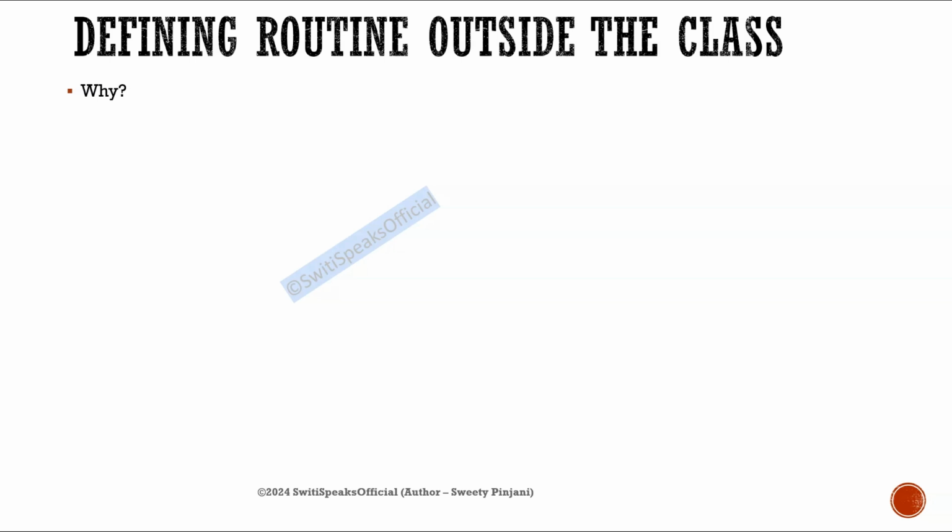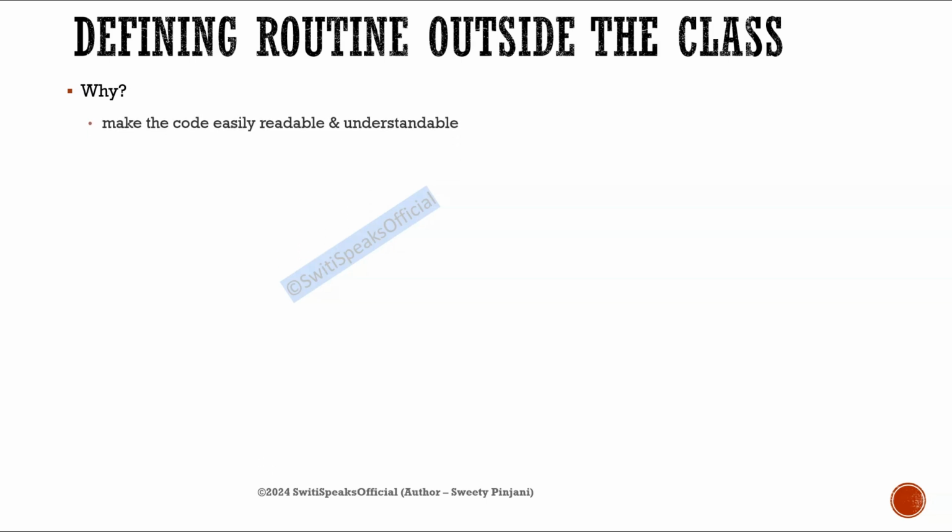Prototype means we say whether it is a function or a task, what the return type is, whether it is a void function, int, or some other data type, and if it has arguments, what the types of those arguments are and how many arguments there are. Just the prototype we define inside the class, and the actual functionality, the body of your routine, can be present outside your class.